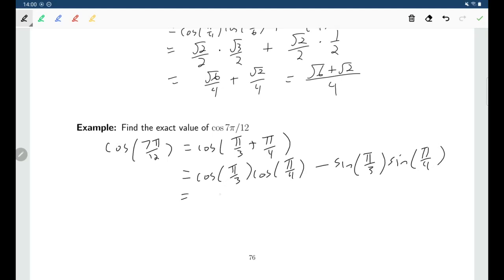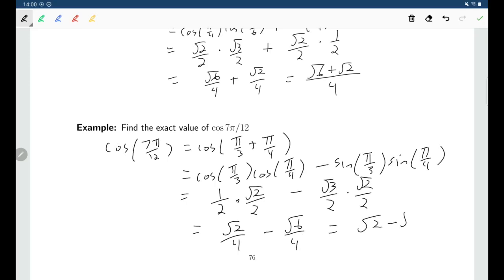It turns out to be 1/2. Cosine of pi over 4 is root 2 over 2. Sine of pi over 3 is root 3 over 2. Sine of pi over 4 is root 2 over 2. And then simplifying, we have root 2 over 4 minus root 6 over 4, which is root 2 minus root 6 all over 4.